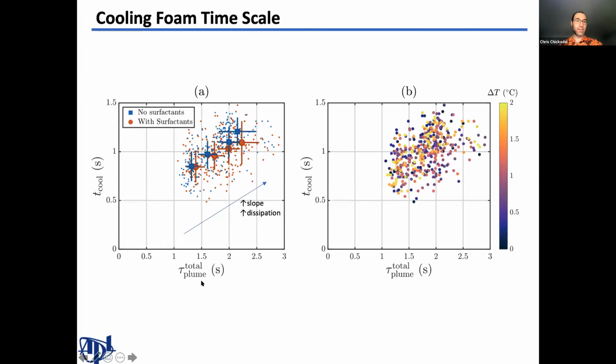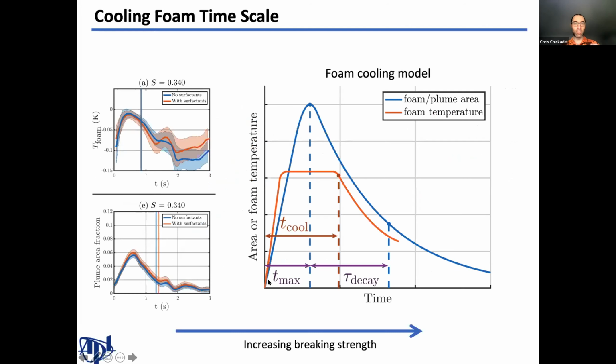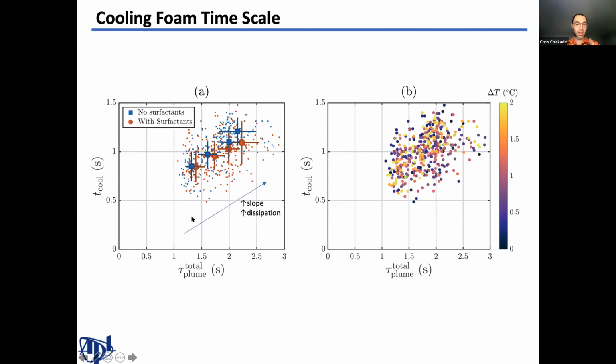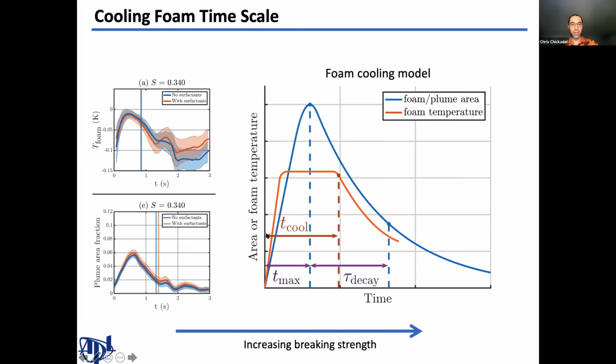And we can somewhat test that by plotting the total plume time. This total plume time is the time from initiation to some e-folding time. We do that because that's a more consistent comparison with our cooling time, and the cooling time, to remind you, is from the initiation of wave breaking to some time when the bubble plume stops influencing the resupply of bubbles to the surface foam.